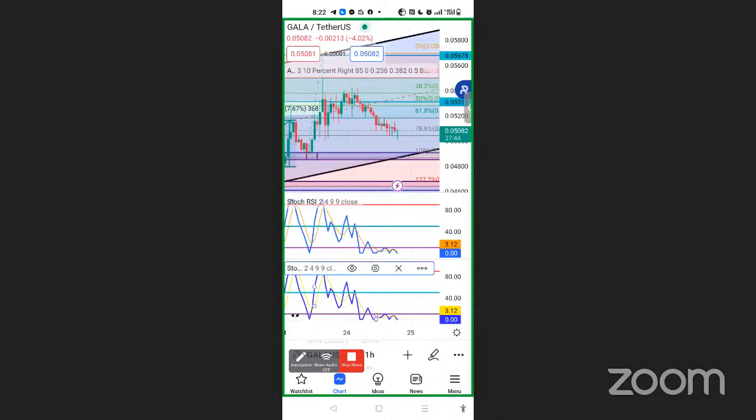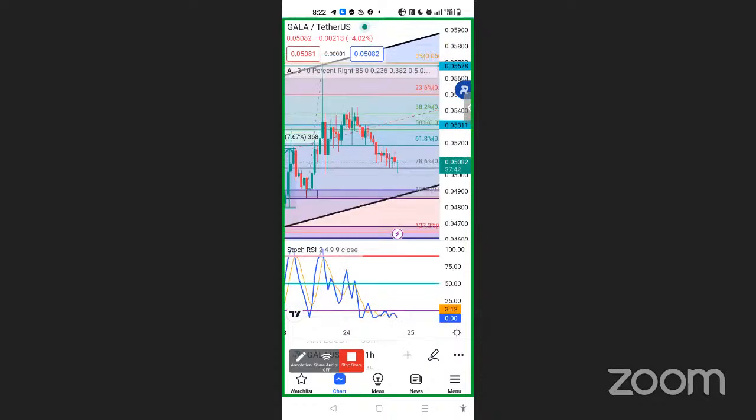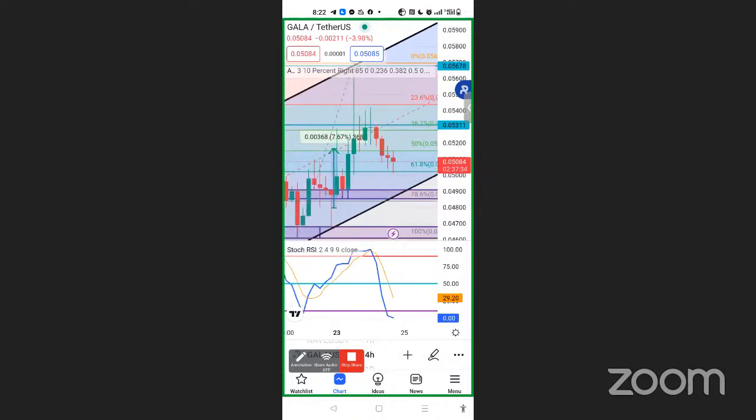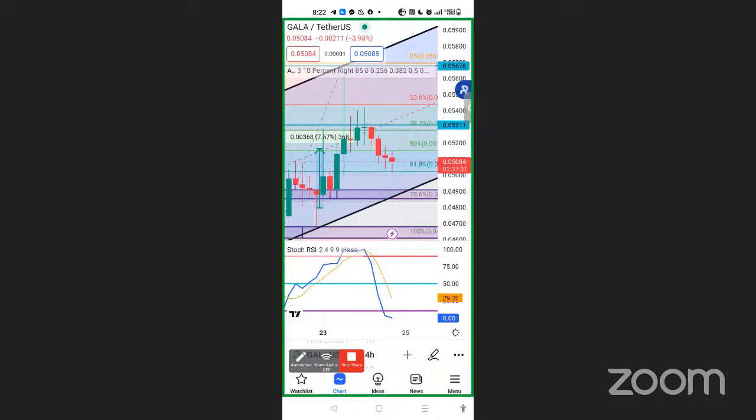It's now moving down in the 1 hour. Let me see in the 4 hour time frame. Okay. So you use these lines to determine market reversal.